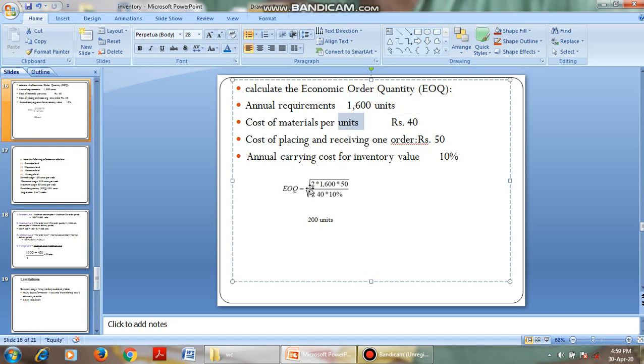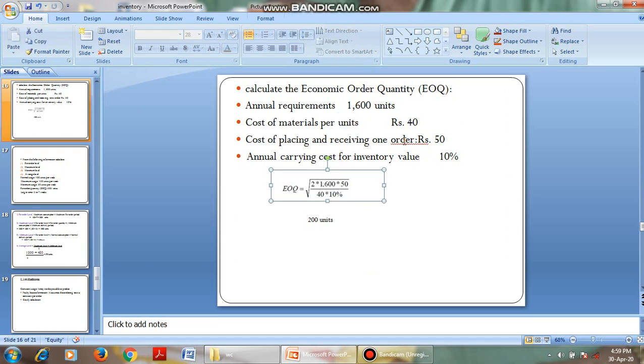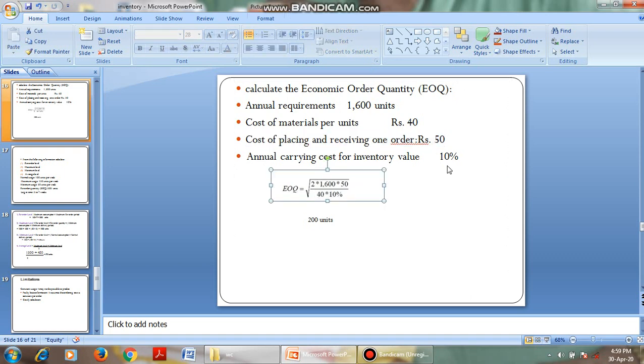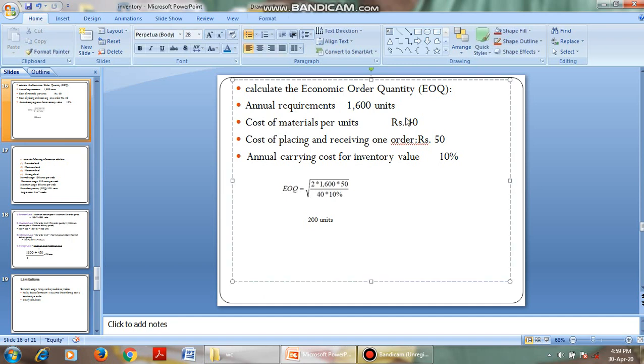That is square root of 2AB by C. A refers to 16,000, B refers to ordering cost or buying cost, 50, divided by C, 10% of the cost of material, so 40 into 10%. So that EOQ is 200 units.